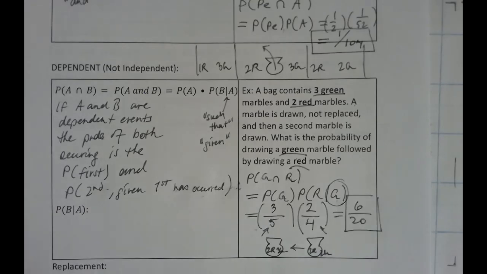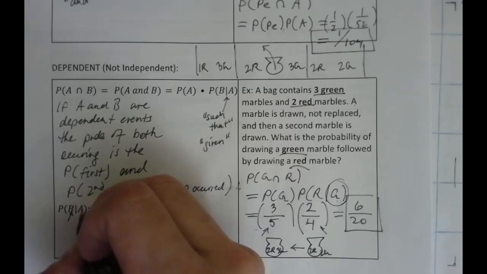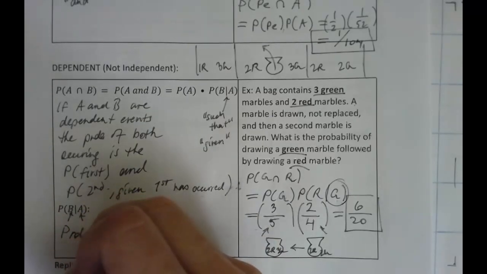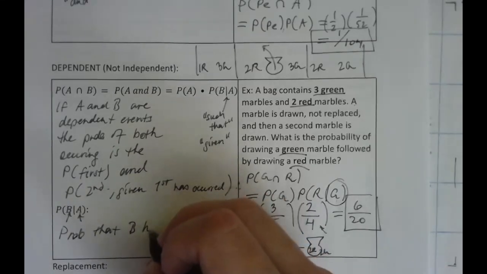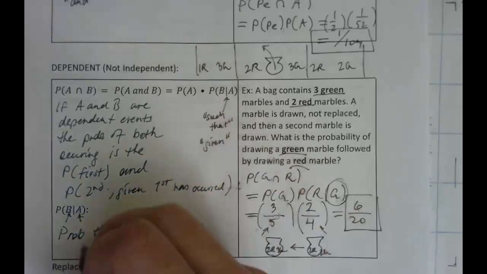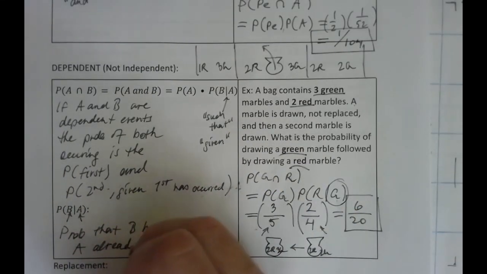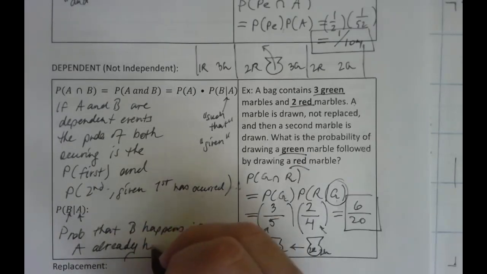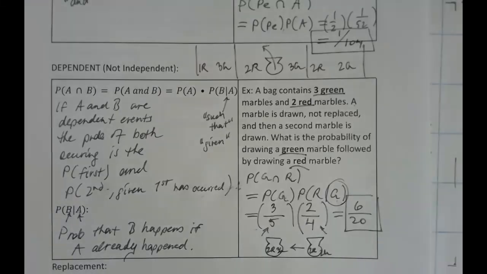Alrighty. And so just to clarify here, the probability of an event B given A, this is the probability that B happens if A already happened. In other words, A is given. We already know that A happened.